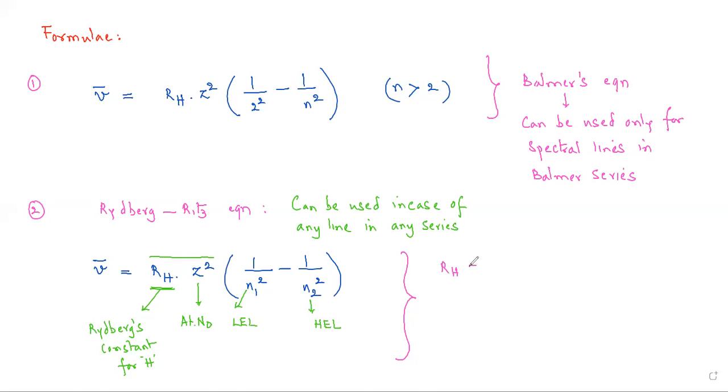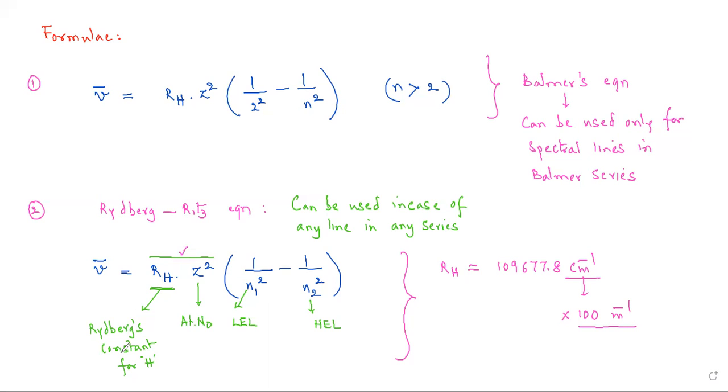The value of RH can be written as 109,677.8 per centimeter. Or if you want this in per meter, you just multiply this by 100 to convert that into per meter. So 109,677.8 per centimeter or 109,677.8 into 100 per meter.